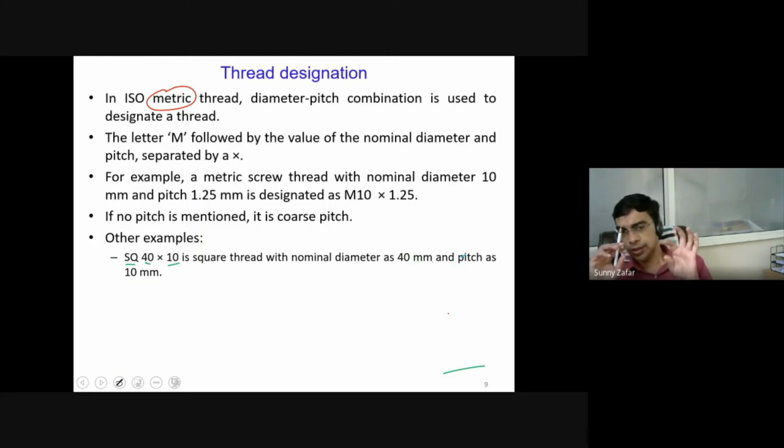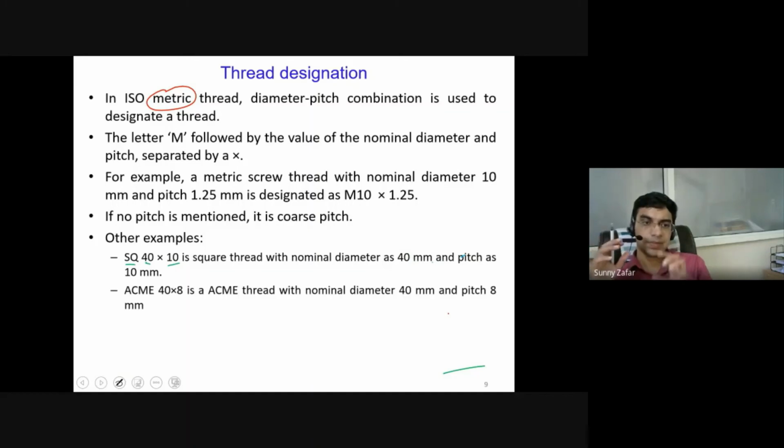By reading this nomenclature, you can get an idea what it means on a drawing. In the machine drawing, you will not be able to figure out if it is a V thread or a square thread. By looking at this nomenclature, you will be able to figure out this is the right screw, the right bolt I have to pick to make this component.